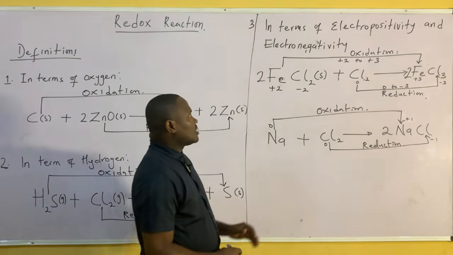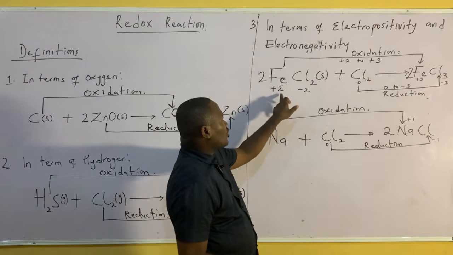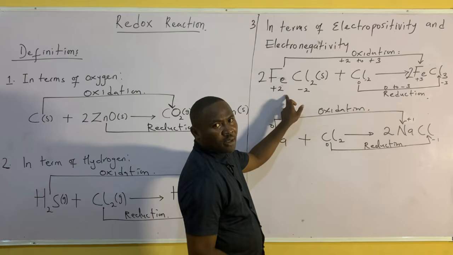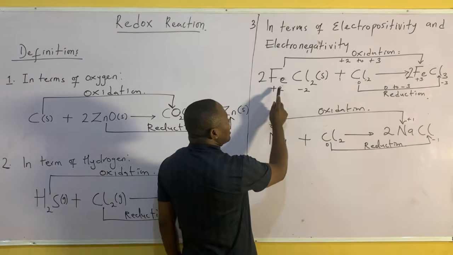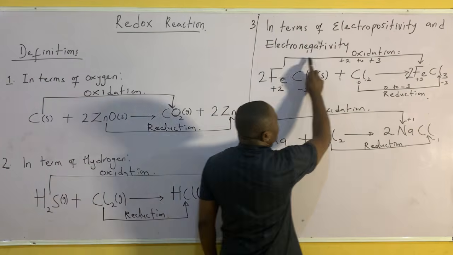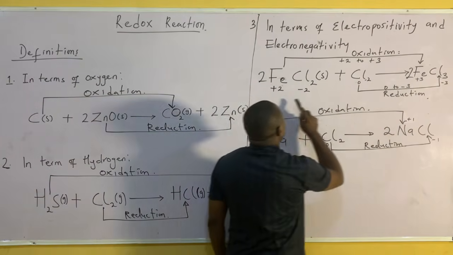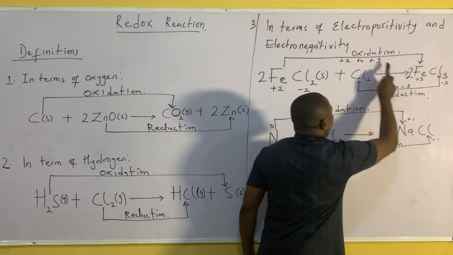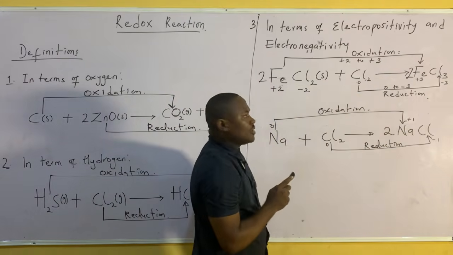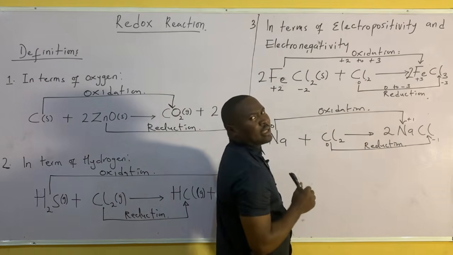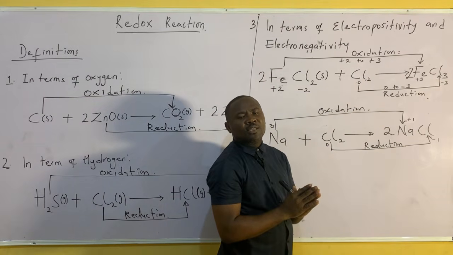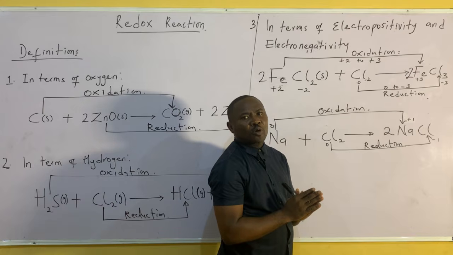Now take note, I was also using oxidation number alongside. So if you see that +2 is changing to +3, an increase in oxidation number is also called oxidation. While here, this is 0 because an element in its free state has an oxidation number of 0.